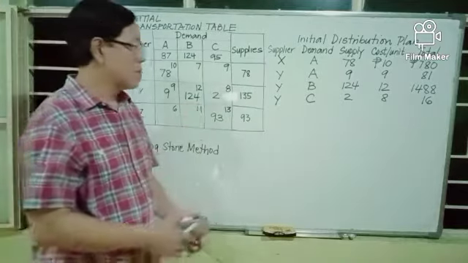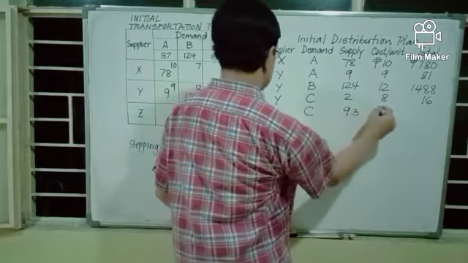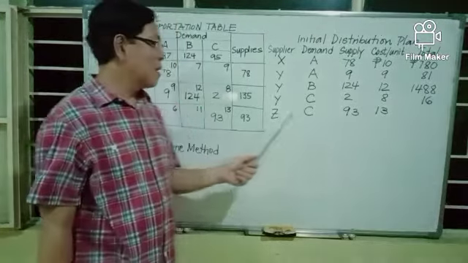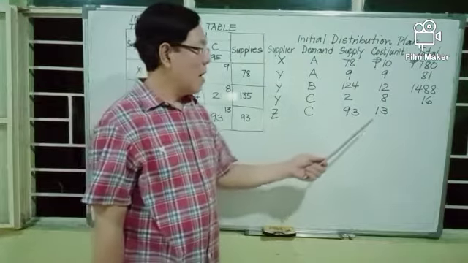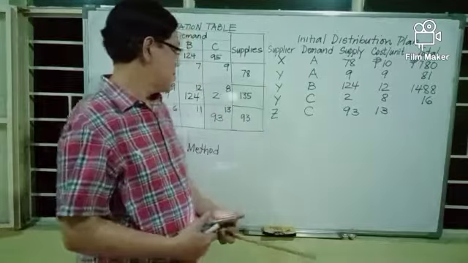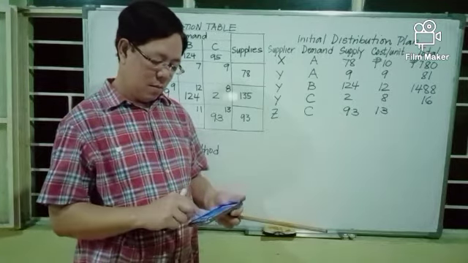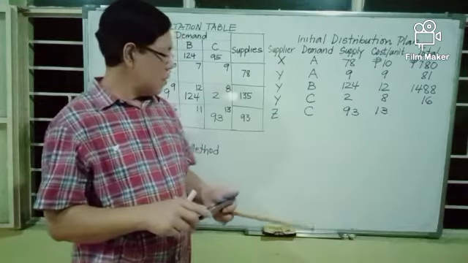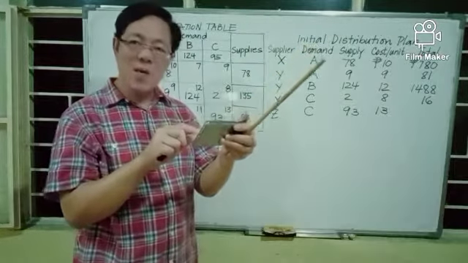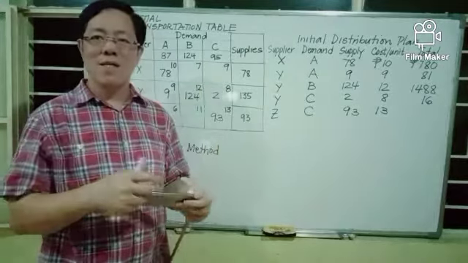We write Z to C. We calculate the total cost of transporting 93 units from supplier Z to customer C at 13 pesos per unit by multiplying 93 multiplied by 13. And you should get 1,209.